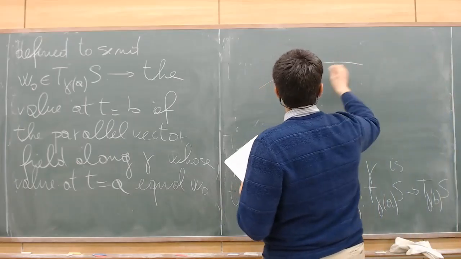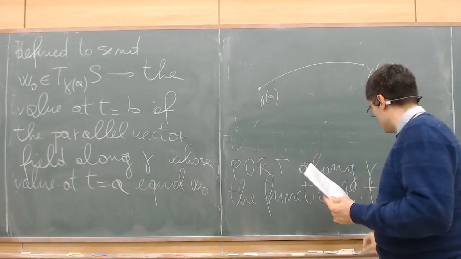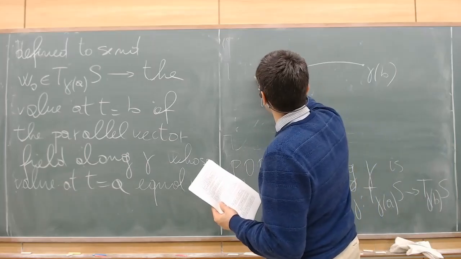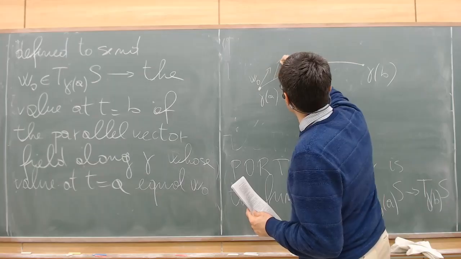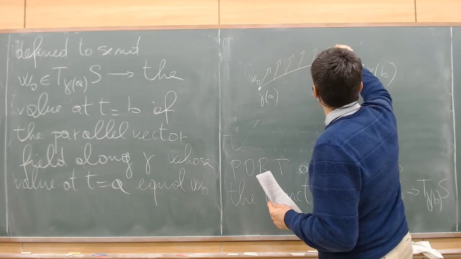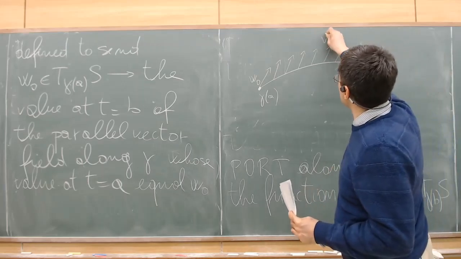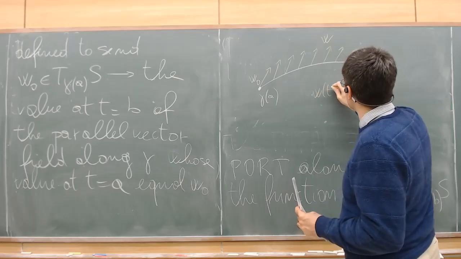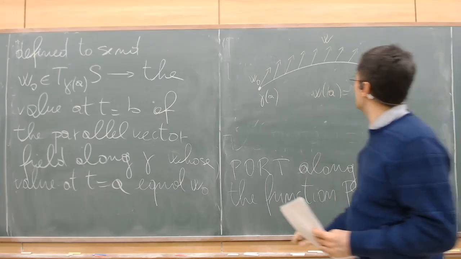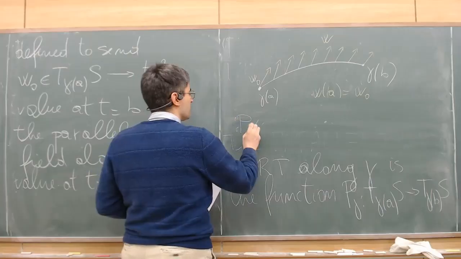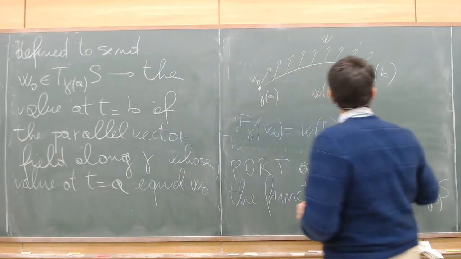If this is gamma(a), this is gamma(b), and this is W0, and this is a parallel vector field W such that W(a) is W0. Then P gamma of W0 is W of b.